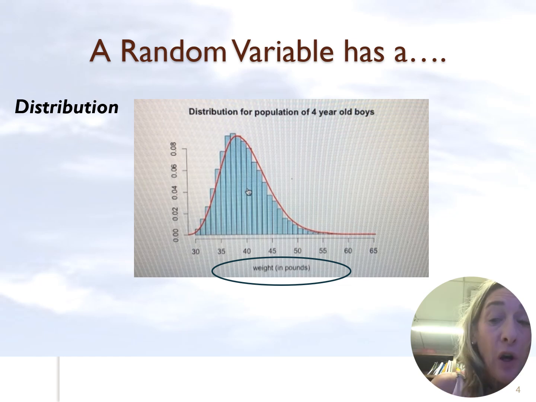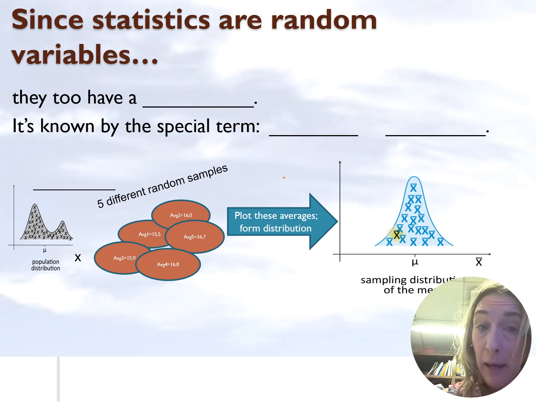Okay, so any random variable, as we know, has a distribution for its value. So for example, this is a distribution for the random variable weight, and it happens to be weights of 4-year-old boys. But because weight varies among 4-year-old boys, it forms a distribution. As we just said previously, statistics are random variables.